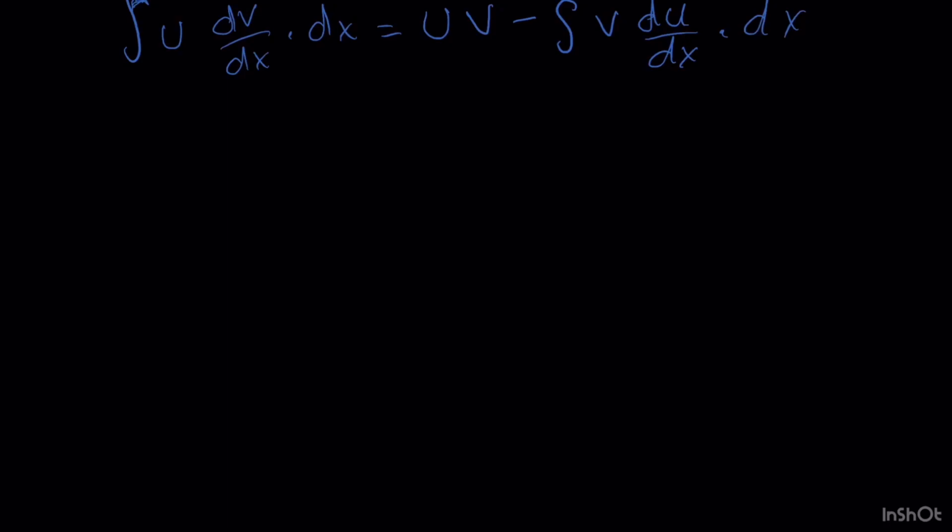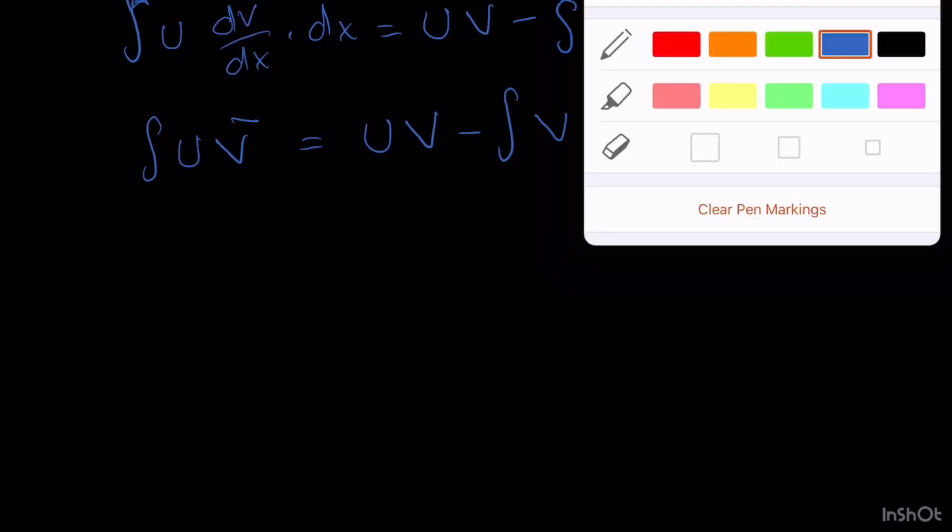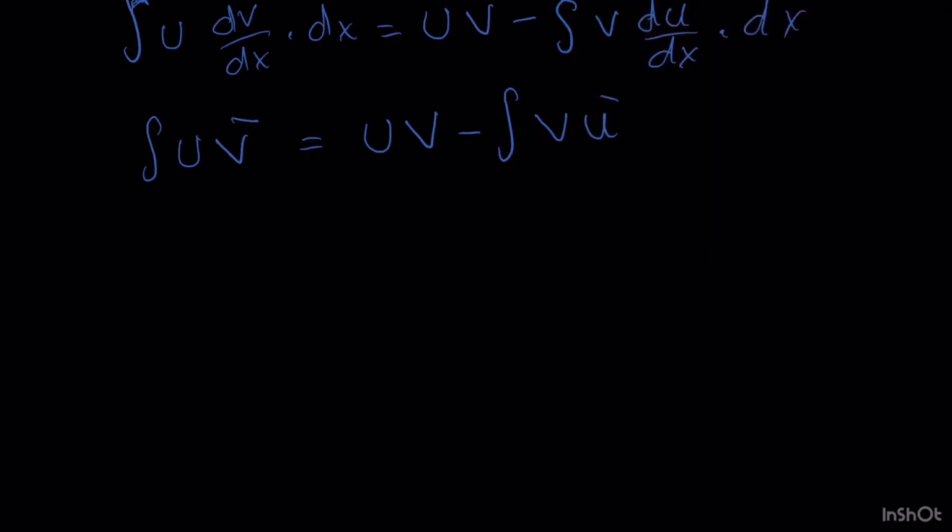Or, if you want, it's the integration of u v dash equals uv minus the integration of v u dash. The hardest bit in this case is deciding which one is u and which one is dv over dx.